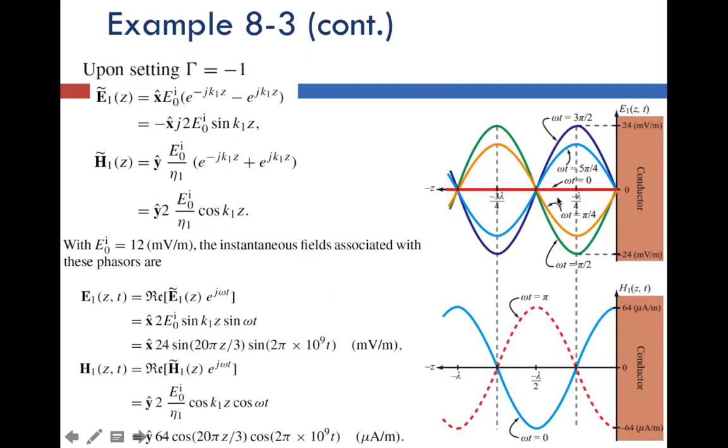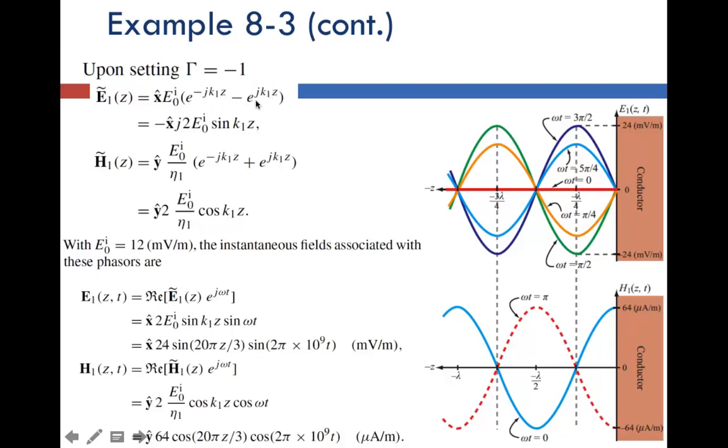So if we now set gamma equal to −1, we can look at the electric field in medium 1. So it's the incident wave, and then here is the forward traveling wave, and then here's where we plugged in −1 for gamma, and this is the reverse traveling wave.